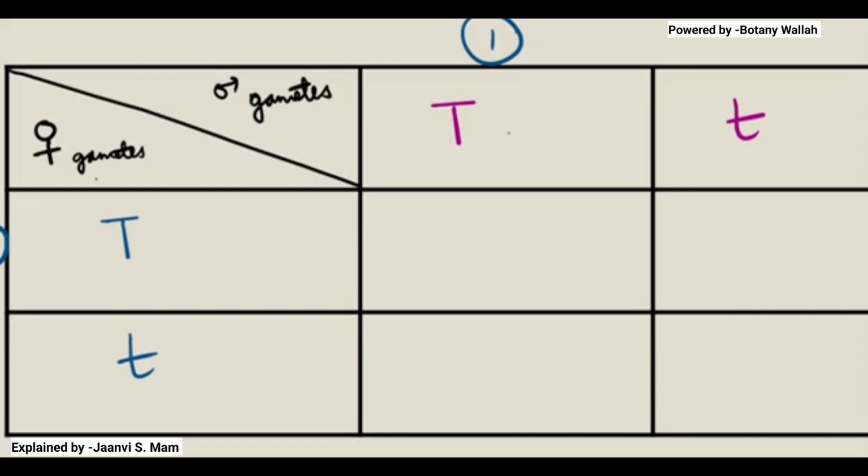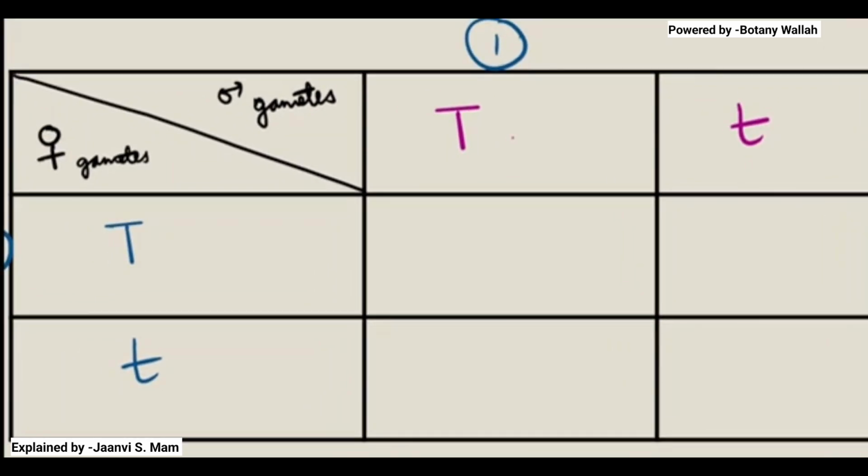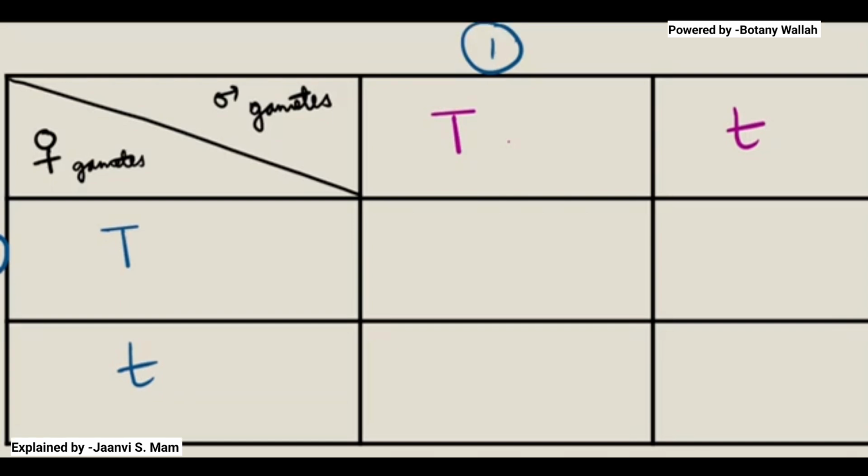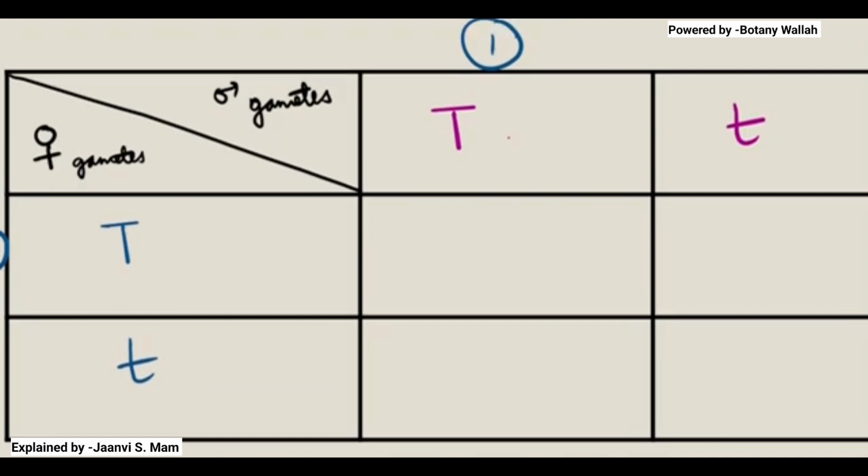You have to fuse this gamete of male with the first gamete of the female, so it will come here. You fuse this gamete with this gamete and you will get this.